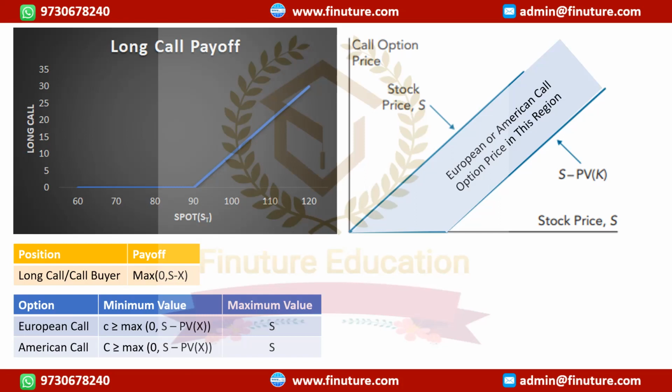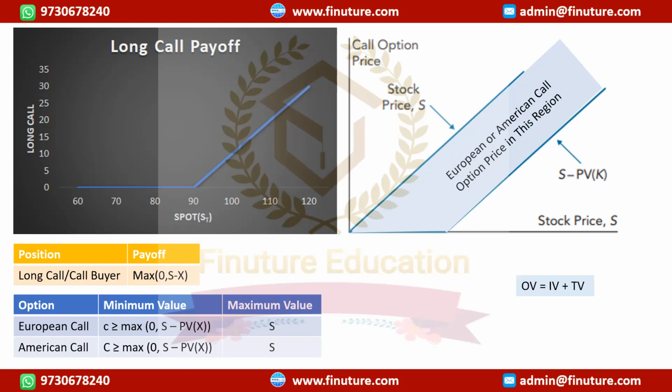No one would like to buy a call option which has a value more than the stock price, because it's a rationale of human behavior that in that case one would buy the stock instead of the call option. So that's the maximum value of the call option. Now, the most important one, the minimum value. Your option value is the sum of your intrinsic value plus time value.